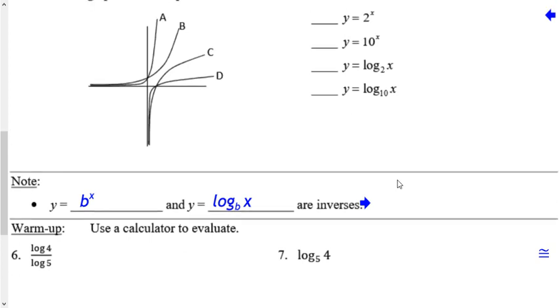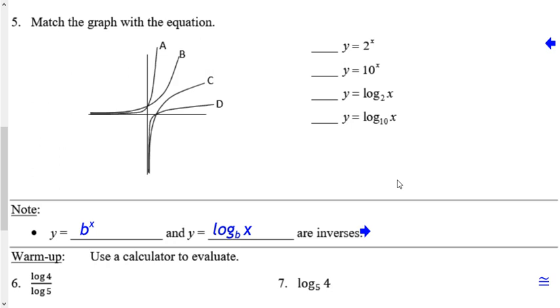And that helps us with number 5 as well, because we can see that the graph for A and the graph for D are going to be reflections in this diagonal line y equals x, which means they are inverses of each other. So roughly diagonal line there. And hopefully you remembered that the larger my base is, so this base of 10, the more quickly an exponential function grows.